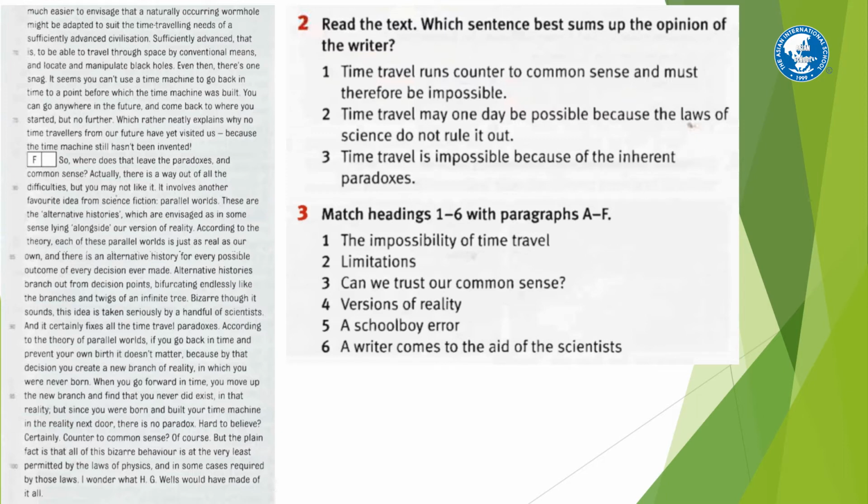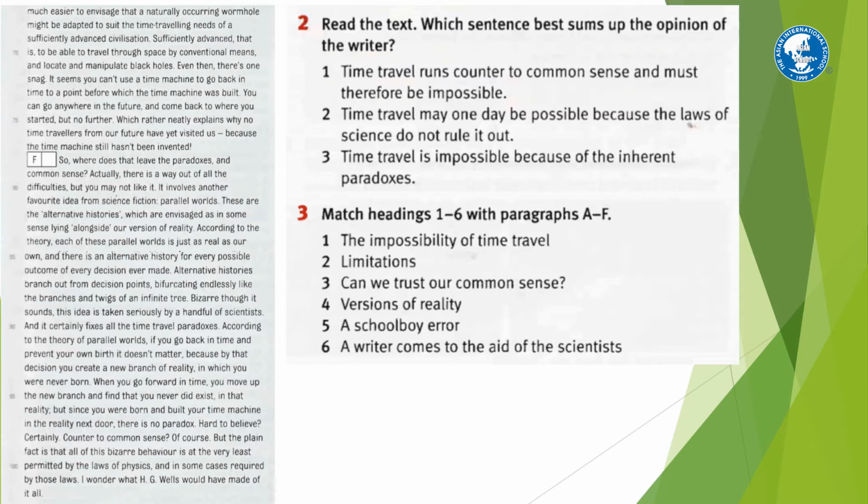Number 1, the impossibility of time travel should have gone with paragraph B. Number 1, B. Number 2, the heading limitations should have gone with paragraph E, 2E. Number 3, can we trust our common sense? That should have gone with paragraph C, 3C.